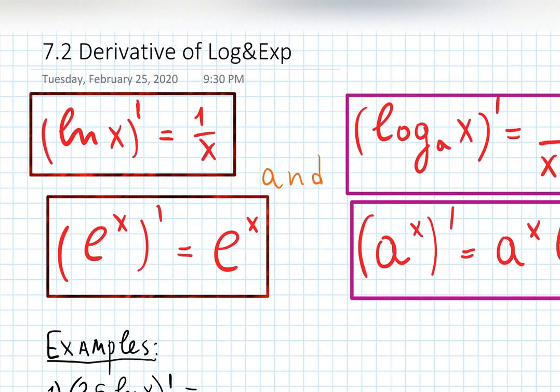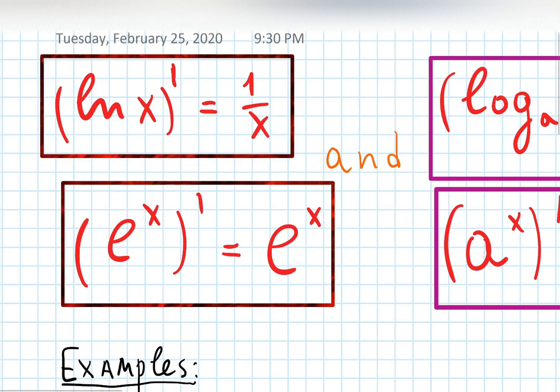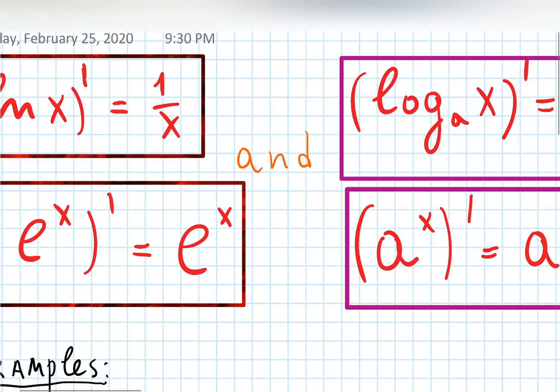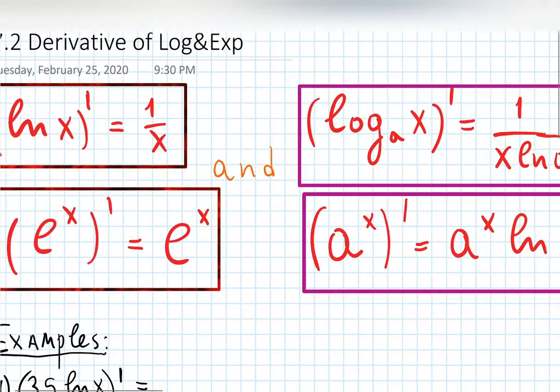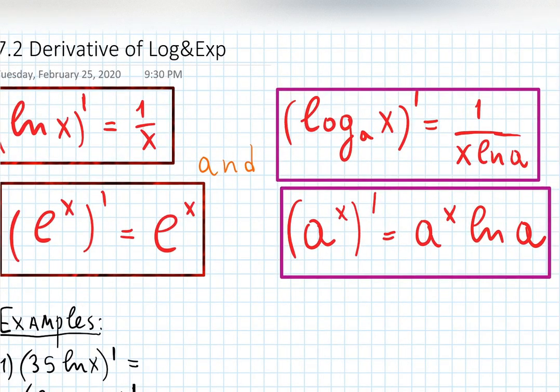And I actually showed it before. If you differentiate the logarithm, it becomes 1 over x. If you differentiate e to the x, it's e to the x. But there is a logarithm with a different base, not only the natural one. If the base is not e but a, then it's still going to be 1 over x, but don't forget to divide by ln a.